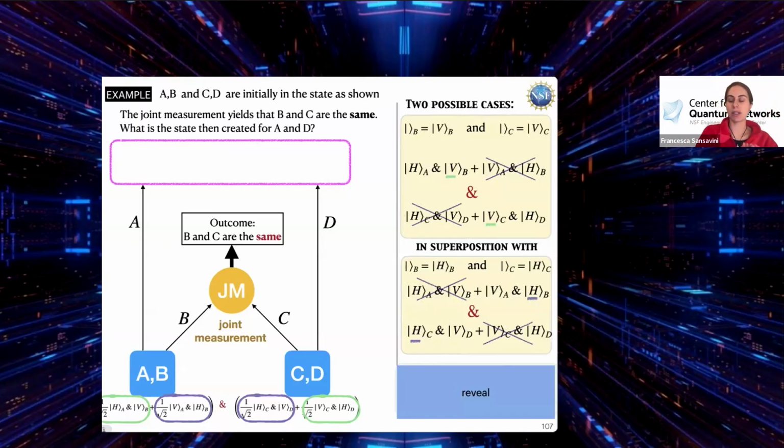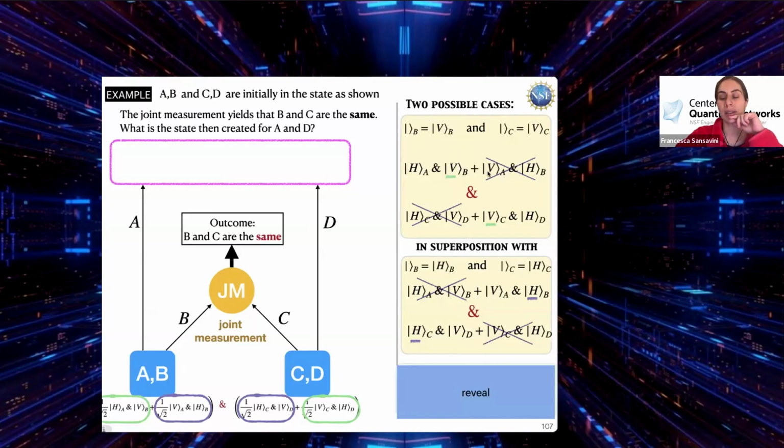If the polarizations of B and C are the same, they are either both V, B is V and C is V, or in a superposition with B is H and C is H. So if we take the first case, the two entangled states A, B, C, D, and say that the two polarizations are both V, so we have V_B, V_C.